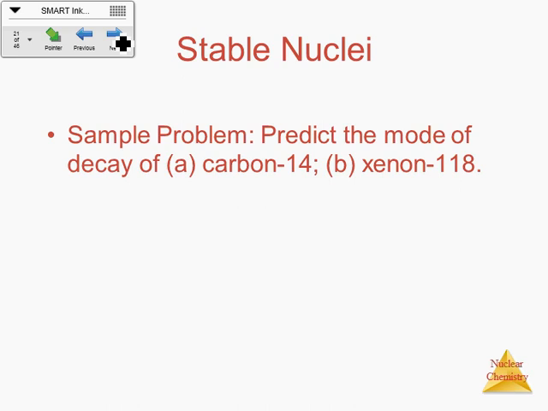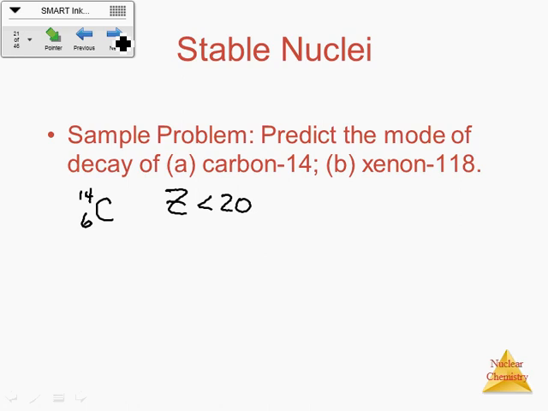All right, so, mode of decay of carbon-14. Let's take a look at that. Carbon-14 has 6 protons and 14 total nucleons, which means we've got 8 neutrons. This has a Z, or atomic number, of less than 20, so we would expect it to want a 1-to-1 ratio.